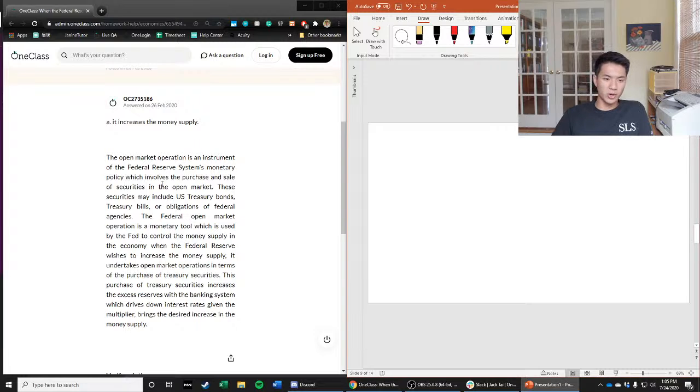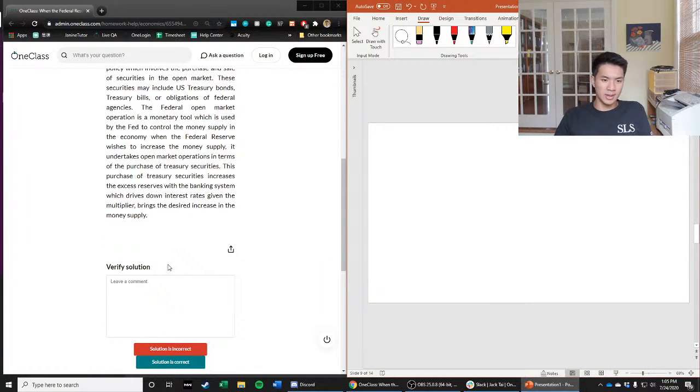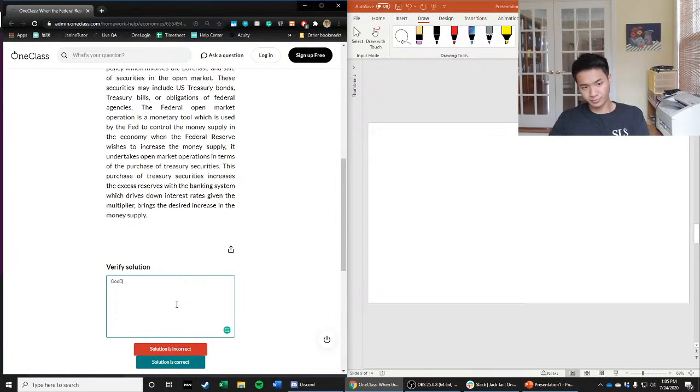When the Federal Reserve wishes to increase the money supply, it undertakes open market operations in terms of the purchase of Treasury securities. This purchase of Treasury securities increases the excess reserves with the banking system, which drives down interest rates and, given the money multiplier, brings the desired increase in the money supply. Good. We mark that as correct.